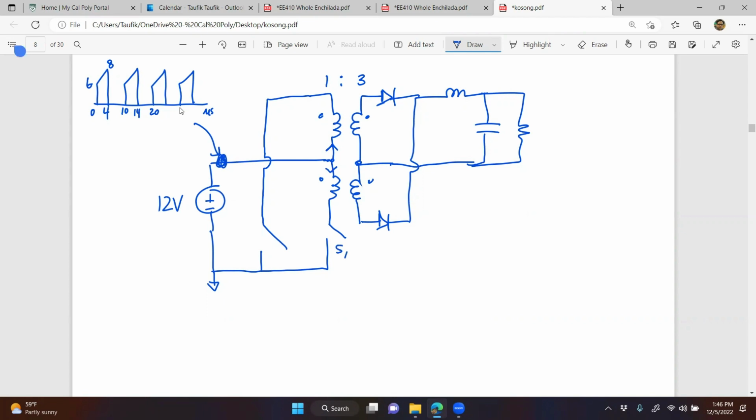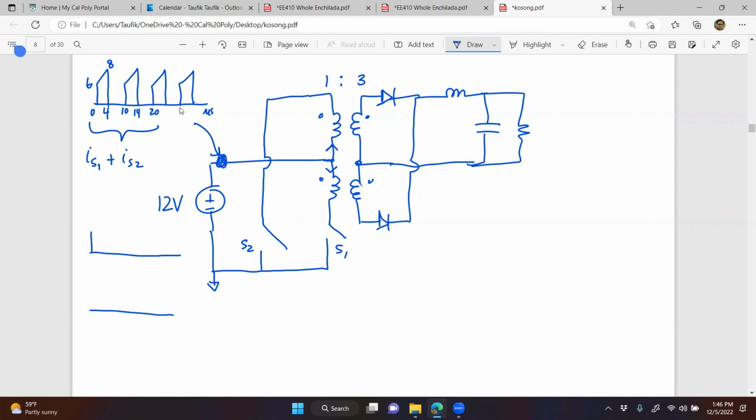Now I know that by KCL, this current right here is actually I switch 1 plus I switch 2, because they split. So if I want to draw I switch 1 and I switch 2 from this current, it's going to be halfway.